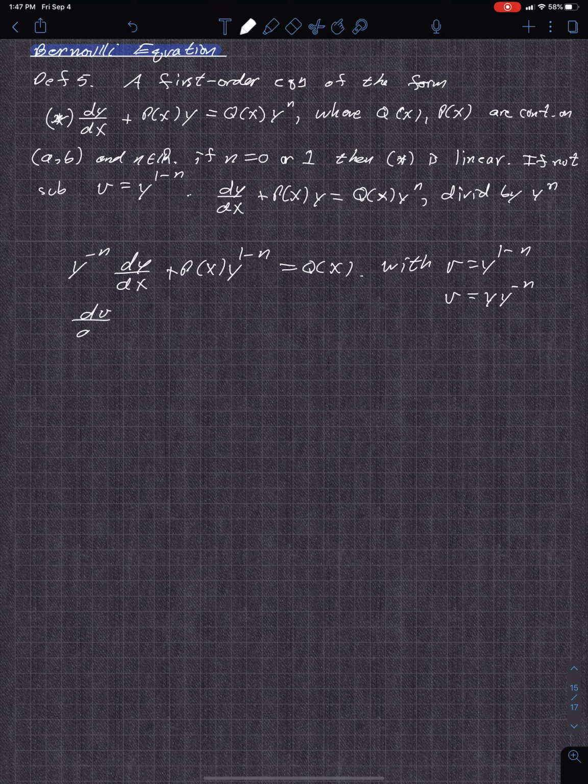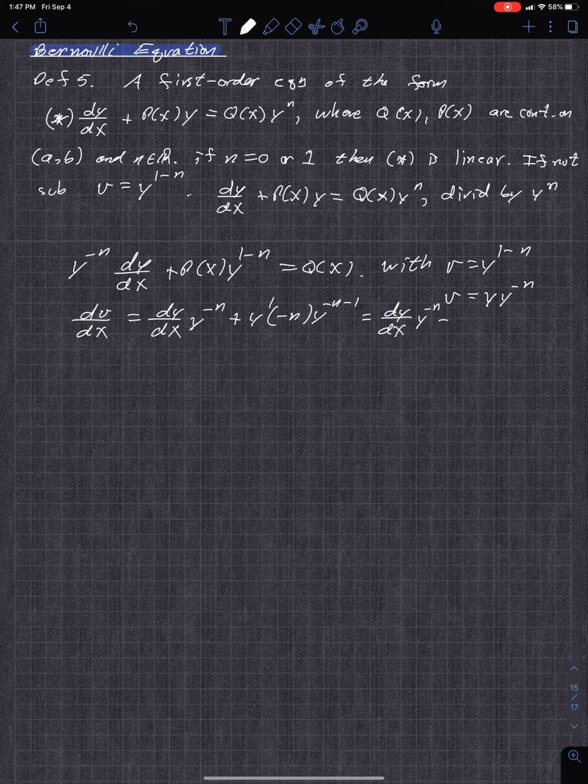dv/dx equal to (1 minus n) y to the negative n dy/dx. I'm just substituting in, and I'll show you where it simplifies down nicely.